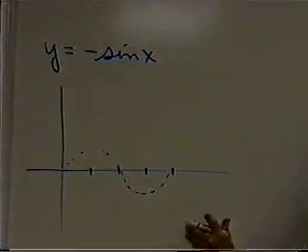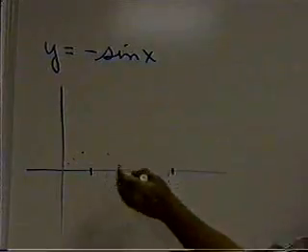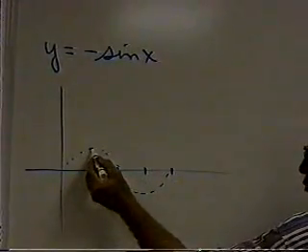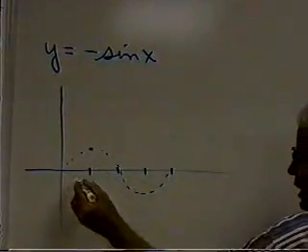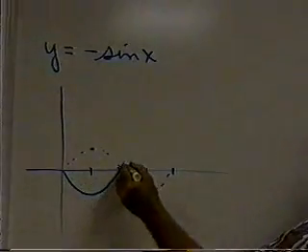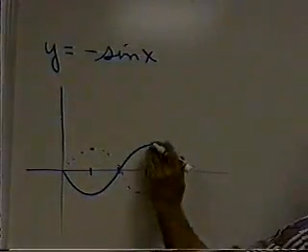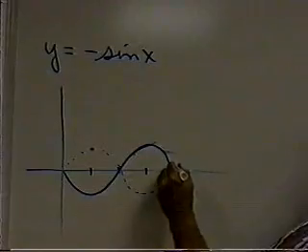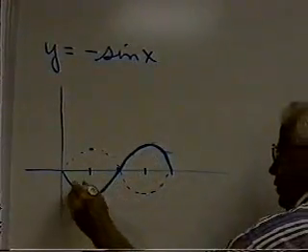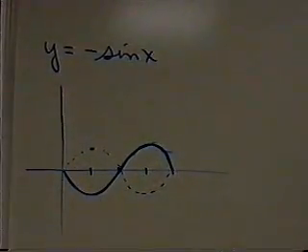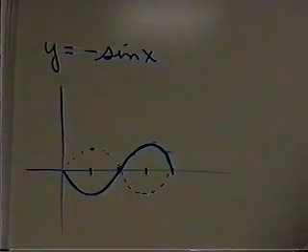What the minus does, it mirror images, it flips it over. In other words, if this was a positive one, it now becomes a negative one. So a negative in front just flips it over.